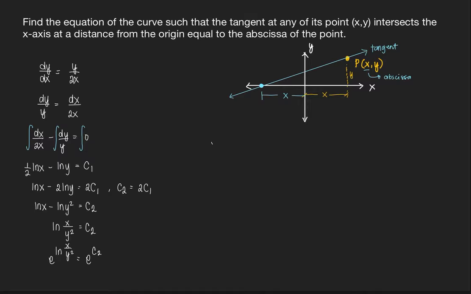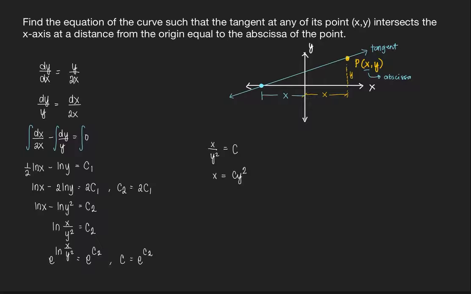So the left side of the equation would become x over y squared, and the right side of the equation would now be equal to c, wherein c is equal to e raised to the power of c sub 2. And so x is equal to cy squared. So this is the equation of the curve whose tangent at any of its point xy intersects the x-axis at a distance from the origin equal to the abscissa of the point.